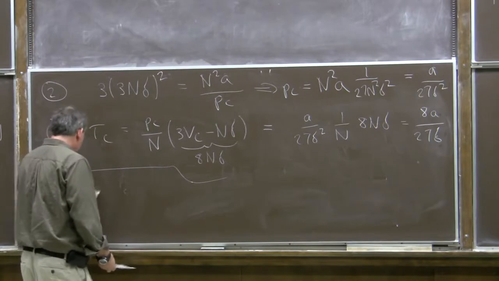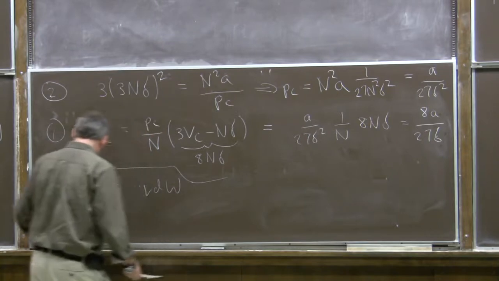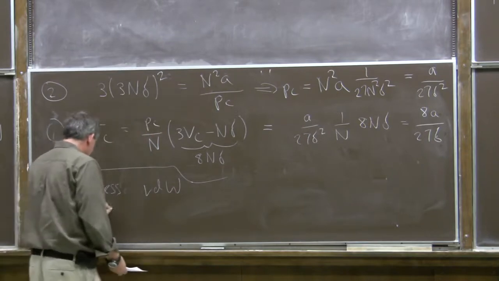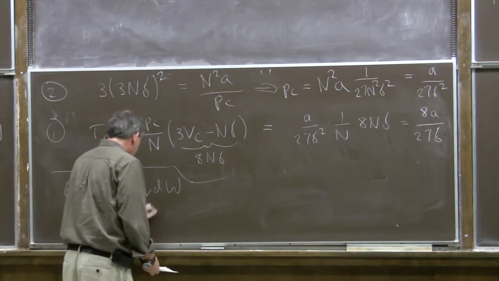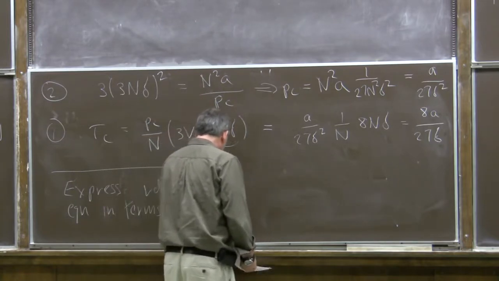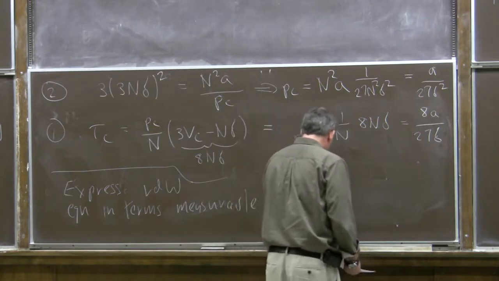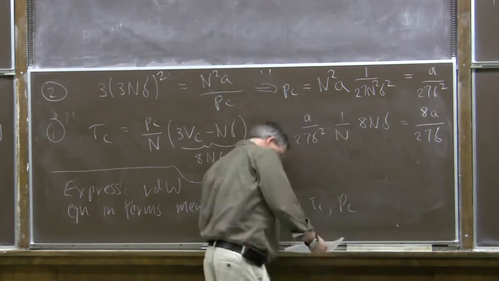So we'll re-express the van der Waals equation in terms of quantities that are in principle measurable: the volume, the temperature, and the pressure on the critical isotherm.